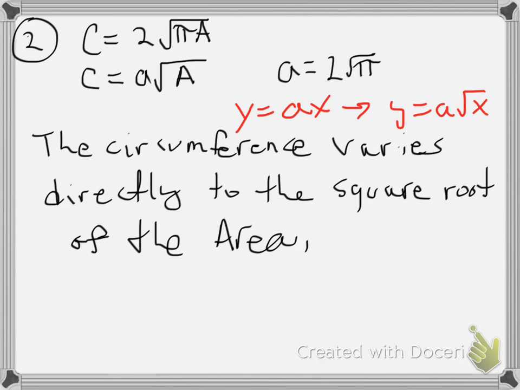And that's essentially it. So it could be the circumference varies directly to the square root of the area, or the circumference is directly proportional to the square root of the area. Those are just as good. Some people talk about the constant of variation is 2 root pi, and there are some other ways you could have said it, but this is the simplest way to do that.